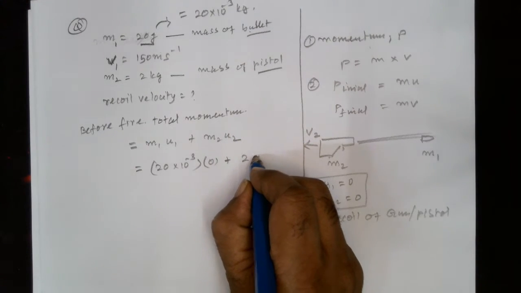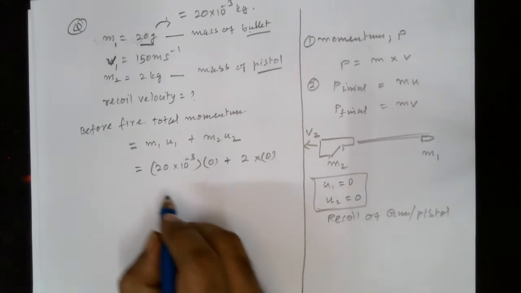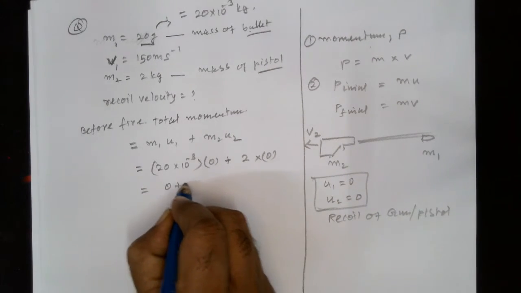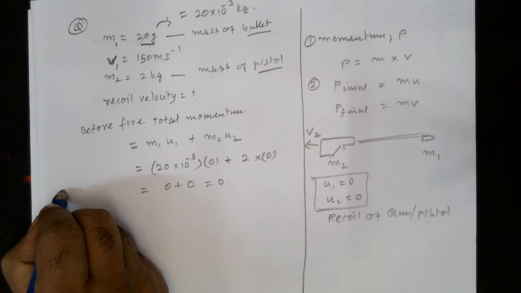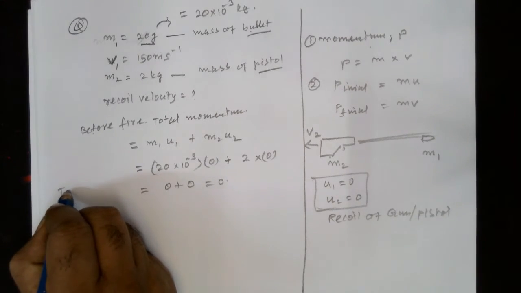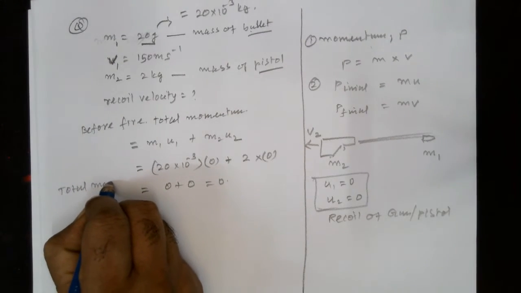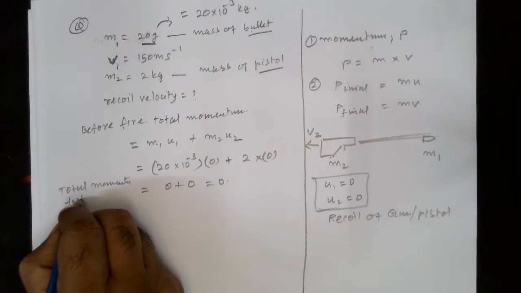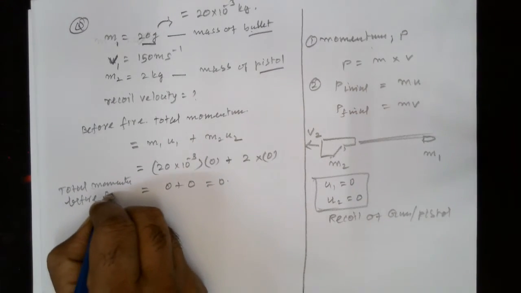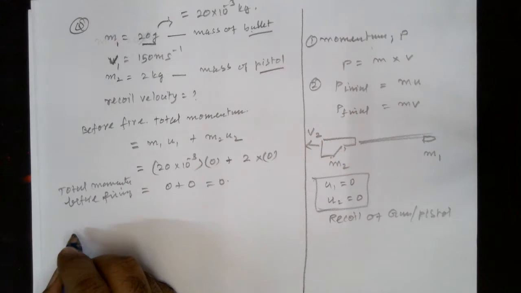Into 0 once again. U2 is also 0. It means a 0 plus a 0, that is equal to 0. So, take down total momentum before firing. Are you able to follow? Before firing is equal to 0.